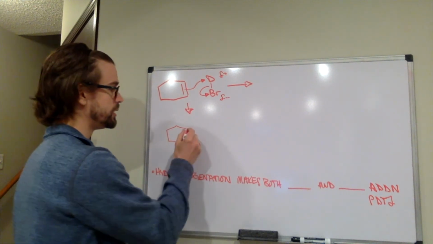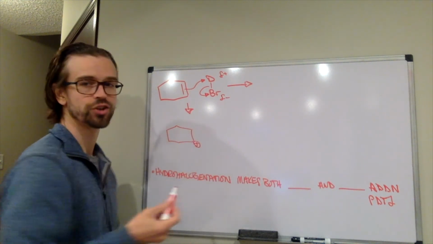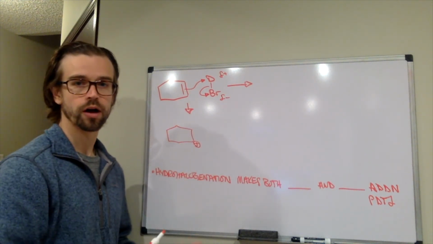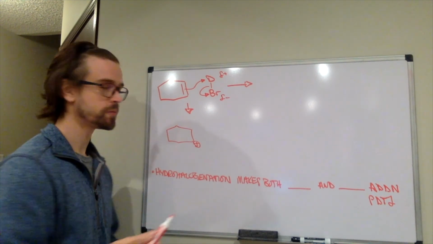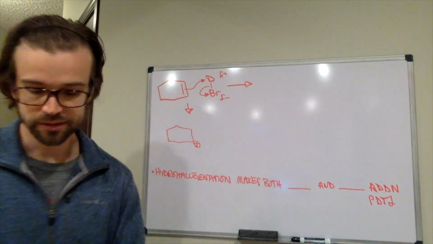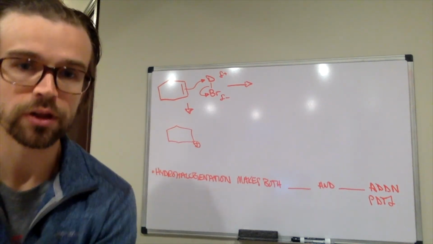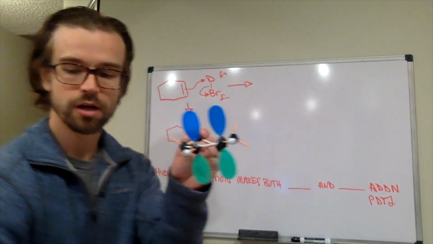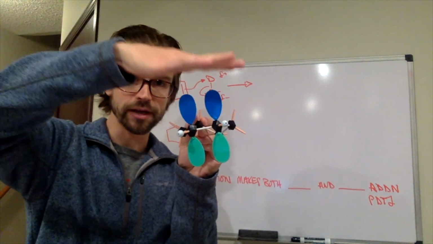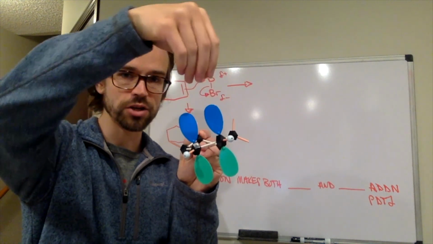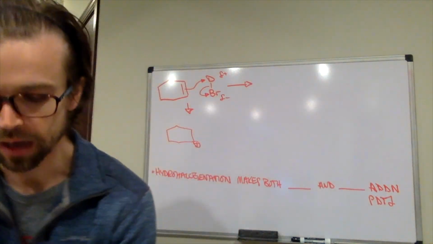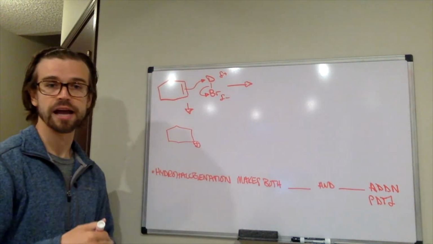And then is the deuterium going to be drawn as a wedge or a dash, or will it be either option here? Yeah, so essentially if we look at our starting material, the deuterium can add to this face or this face. So it could be a wedge here or a dash here, and it's just based on whichever side it bumped into.